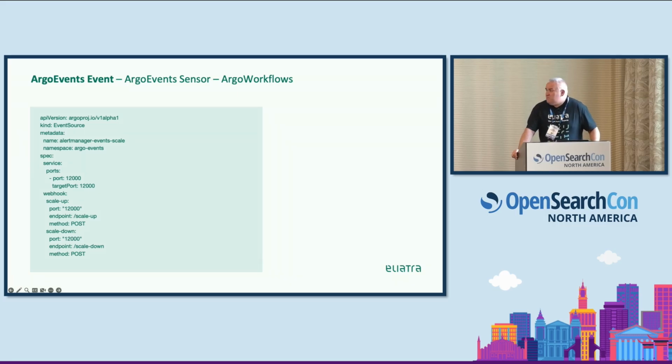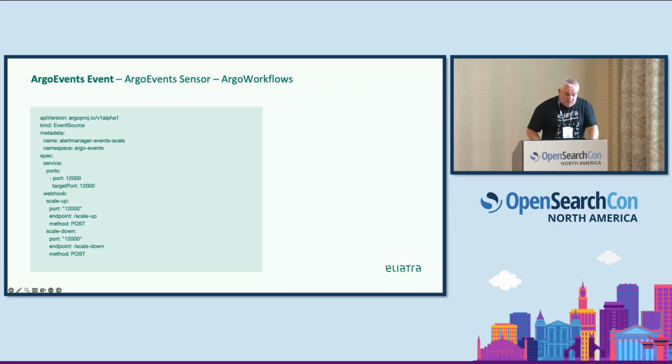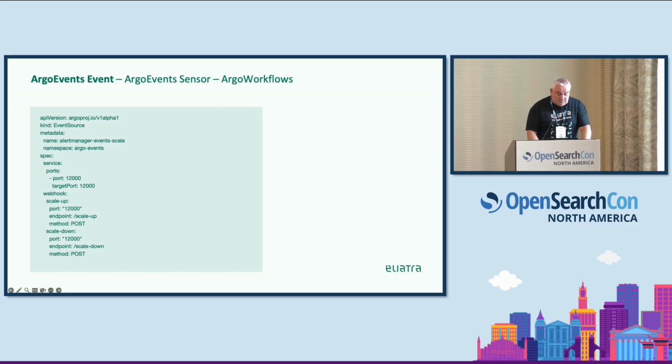In there, it's very similar to Ingress, where we're actually setting a different path for different endpoints. In this case, I set a separate endpoint for the scale down and the scale up operation. Also, we define the method of this API, which is POST in here.